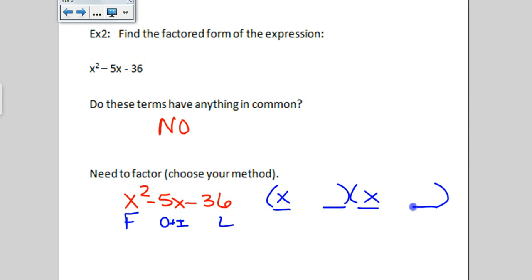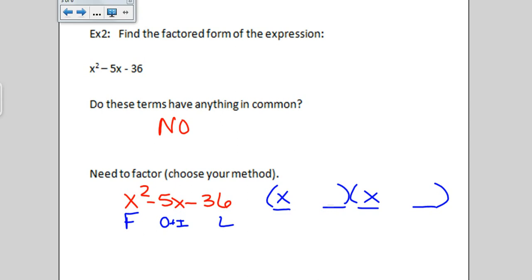There's 12 and negative 3, you could flip that around and say negative 12 and positive 3. There's 9 and 4, one of them being negative. There's 18 and 2, there's 36 and 1. Well, if I look ahead in the problem, when I multiply my outer plus the multiplication of my inners, it's got to come out to a negative 5 in the middle.